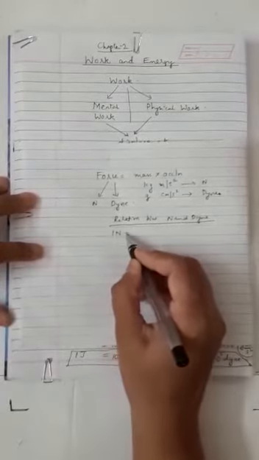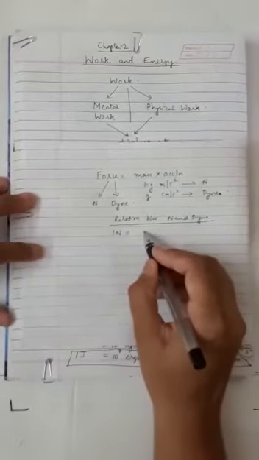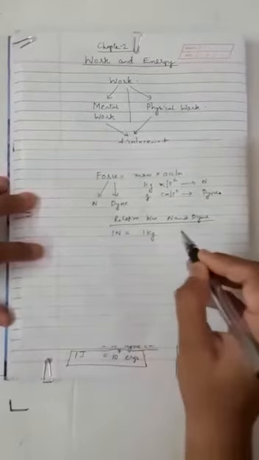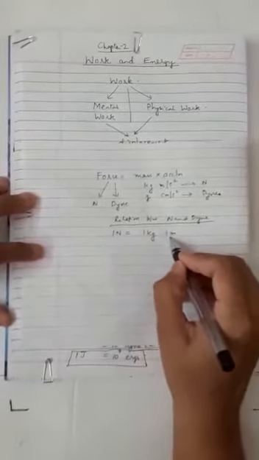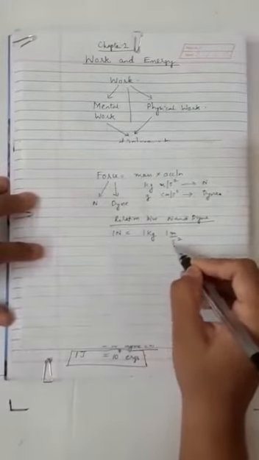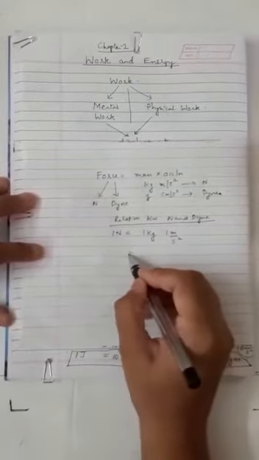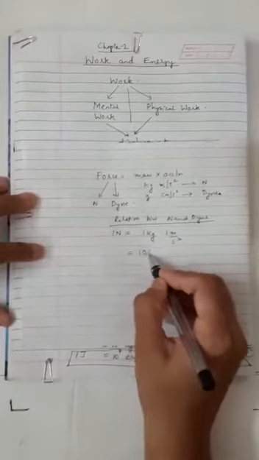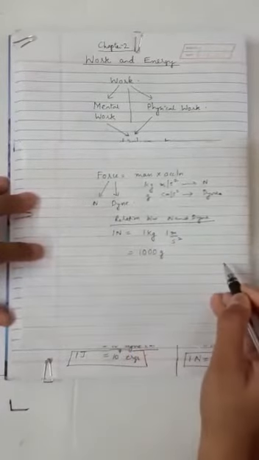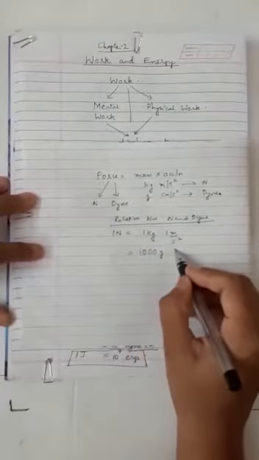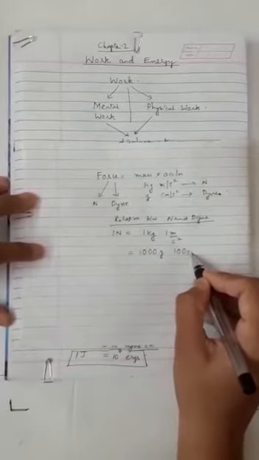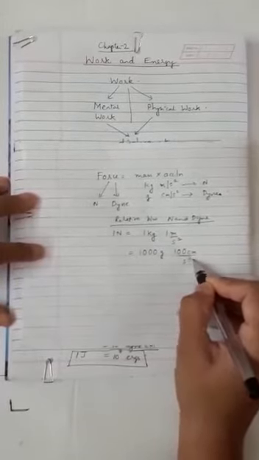1 Newton is made up of 1 kg and 1 meter per second square. Now if we convert 1 kg, it becomes 1000 grams. If we convert 1 meter, it becomes 100 centimeters per second square.